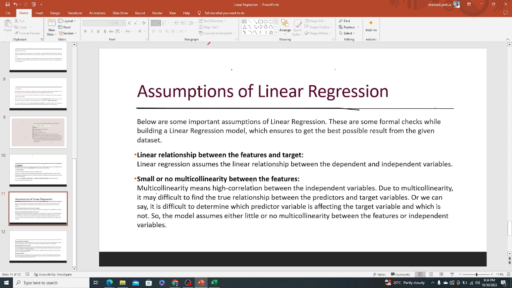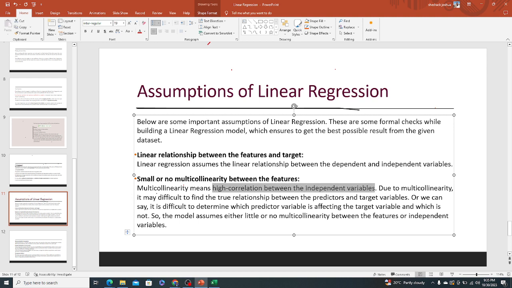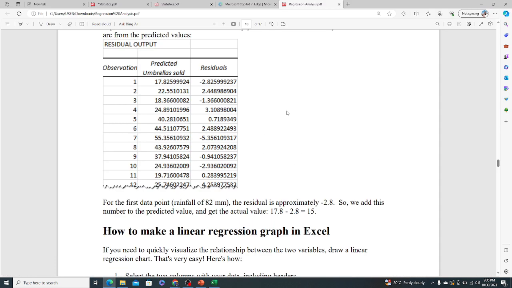Multicollinearity is basically the high correlation between the independent variables, if you have more than two. If we are talking of multiple linear regression, let's say y equals ax1 plus bx2 plus c, then x1 and x2 are independent variables.